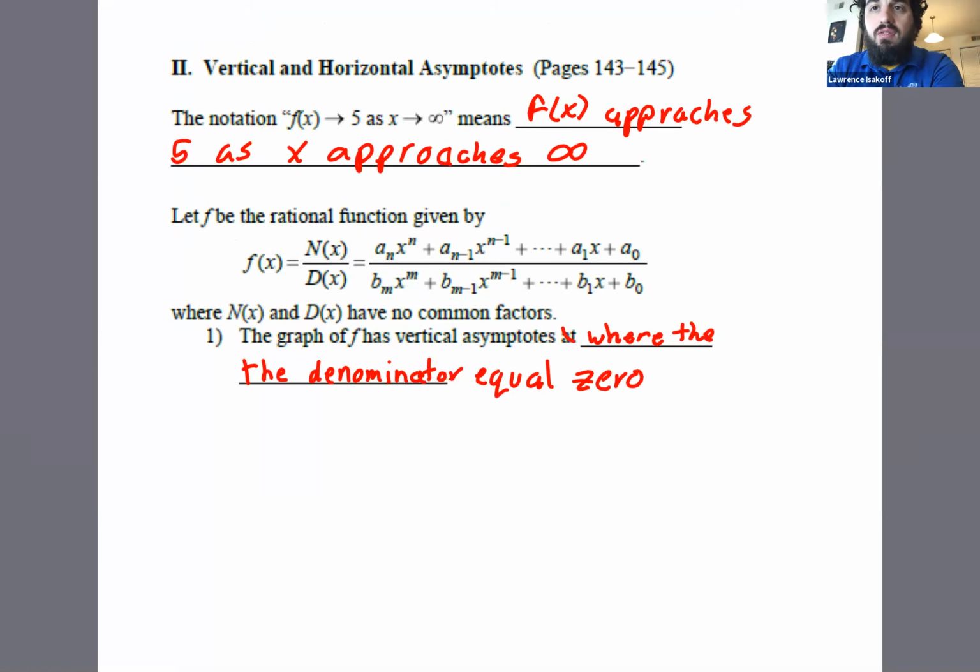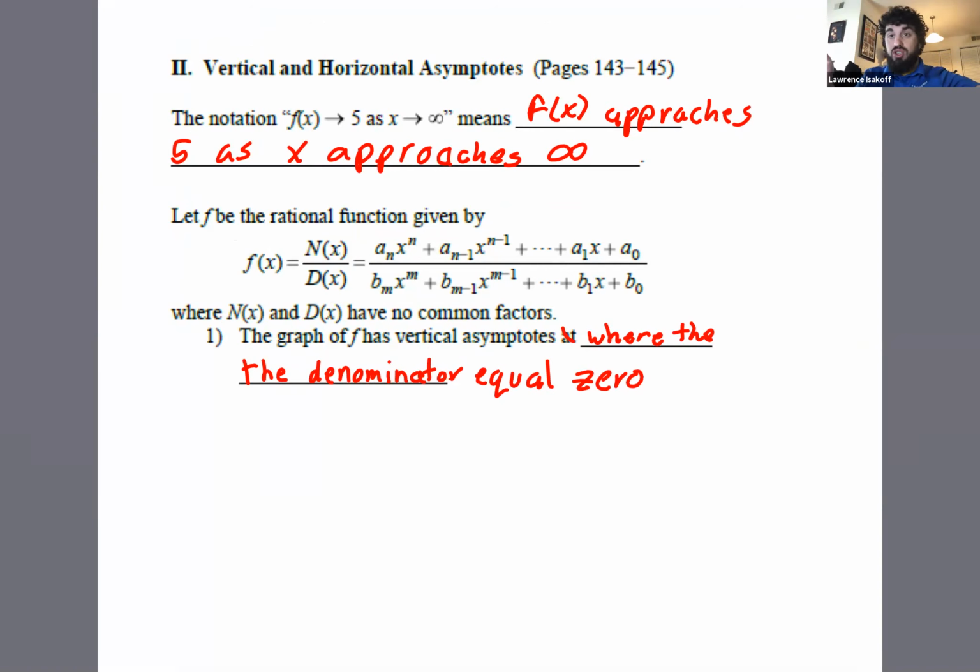So here with this notation, if I say f of x and then put the arrow 5, that says f of x approaches 5 as x approaches infinity. So that notation, I just want you to get used to. When you see that arrow, it tells you approaches.